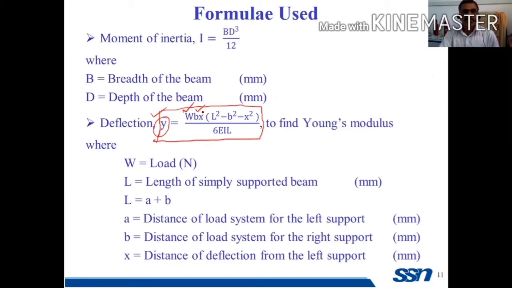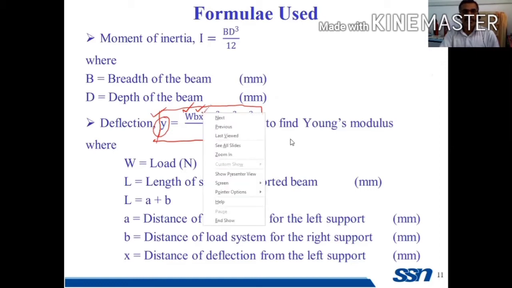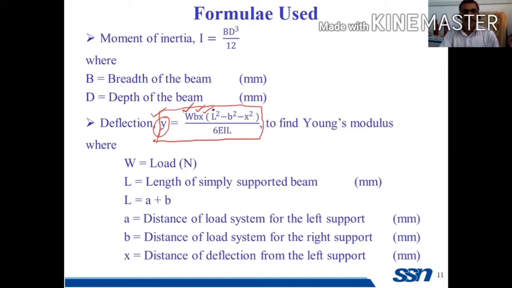X also, you substitute in millimeters. With the L value, B value, X value, 6, I, and L, E is what you have to find, the Young's modulus. What is I? I is equal to b d cubed by 12. We have the value of b and the value of d. L is 1050. By substituting all the data in this equation, you can find the value of Young's modulus. The same thing you repeat for the other readings also.